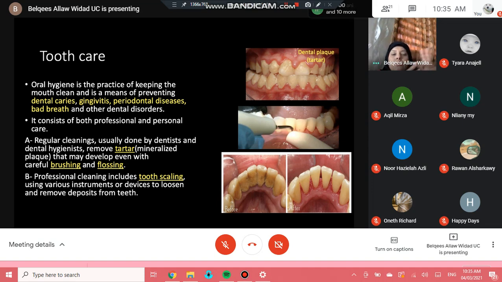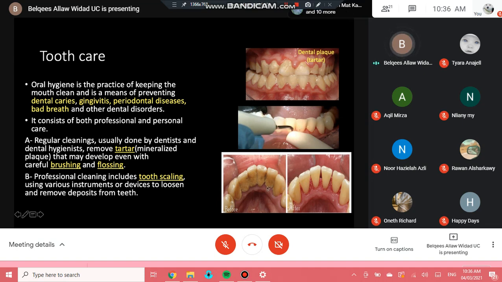Okay? So we have regular cleansing and there is professional cleaning. What is the regular cleaning? By removing the plaque with a toothbrush or flossing. We remove this layer, the tartar, which is the mineralized plaque. At this stage, it can still be removed by just toothbrushing and dental flossing.